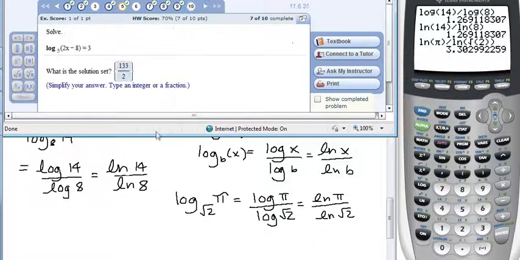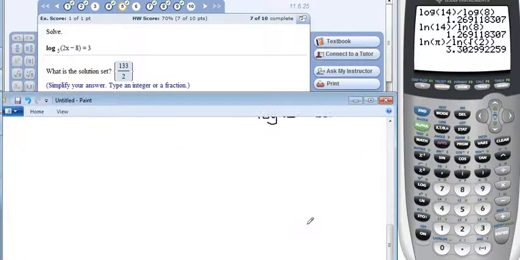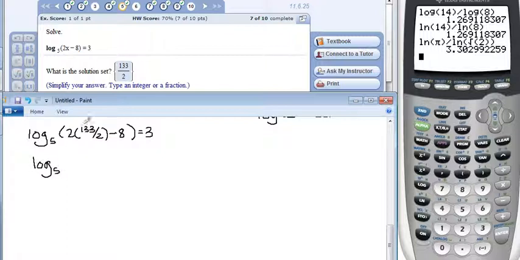So let's go back to number 5 and see if we can't check this. Now that we know the change of base, we have the log base 5 of 2 times 133 halves minus 8 equals 3. This is not as nasty as it looks, though. So let's first of all clean that up. 2 times 133 halves is 133.